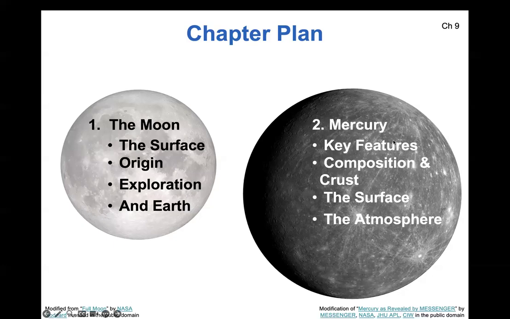Then we'll move on to discuss Mercury, its key features, and in fact, in the same format as we describe the key features of Earth, which means that this will be our second planet in our catalog of planets. But as we go through all 8 of them, we'll talk about the composition.